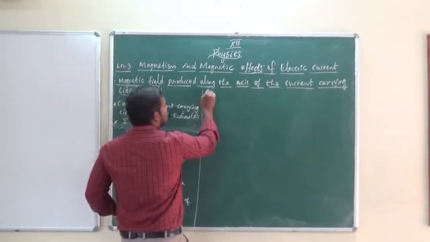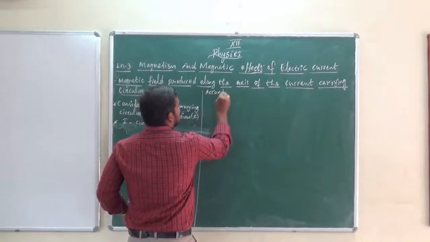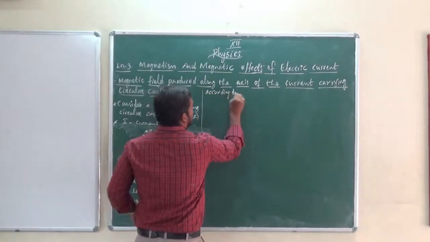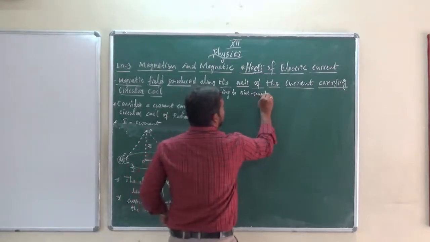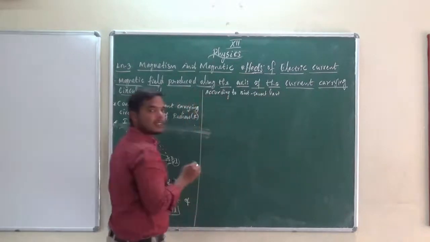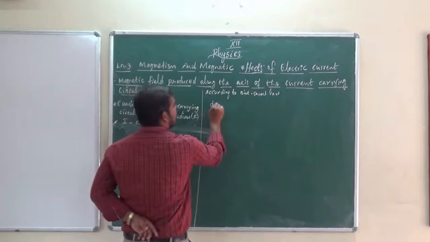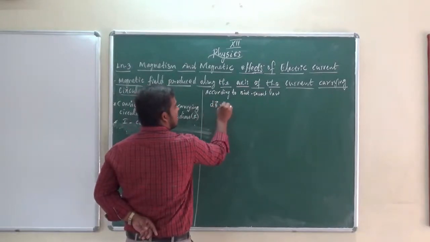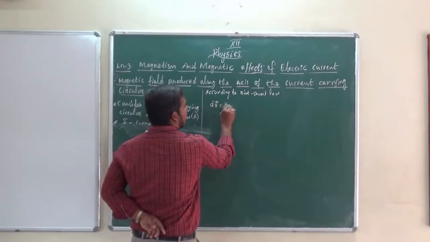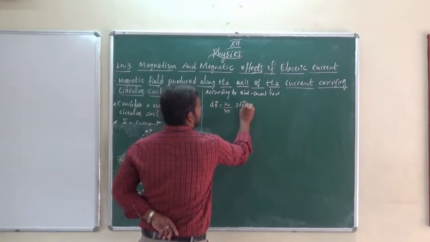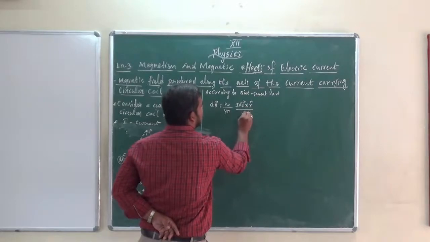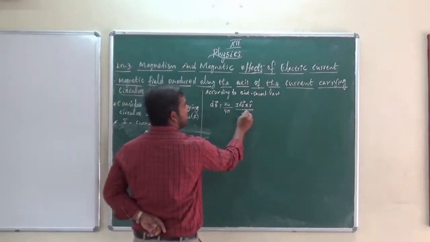So according to the Biot Savart law, dB in vector notation equals mu naught divided by 4 pi, times I dl vector cross r cap, divided by r square. We derived this in our previous class.